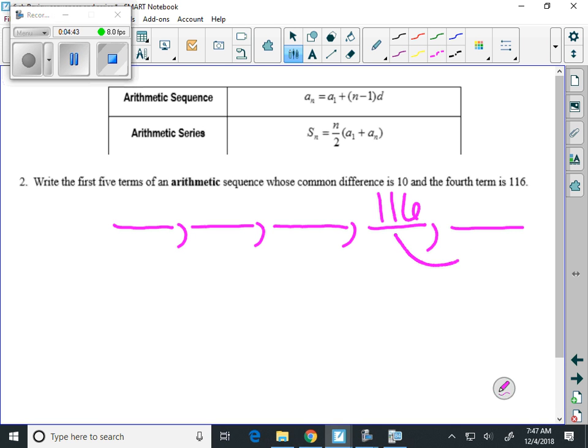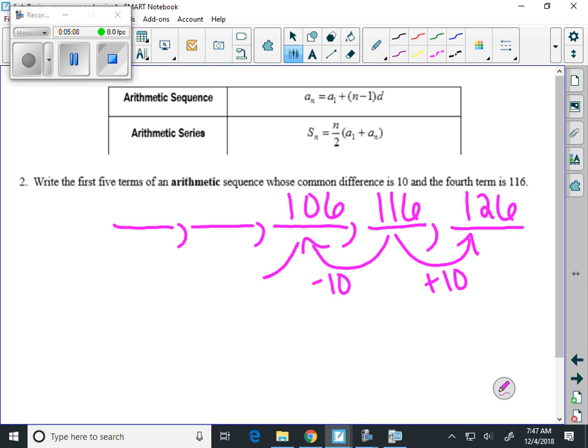If you look back at your first day of notes, the common difference is 10, so going this way we add 10 to get 126. When we go the other direction, this is going to be a subtraction. This is going to be 106. We subtract 10 to get 96.